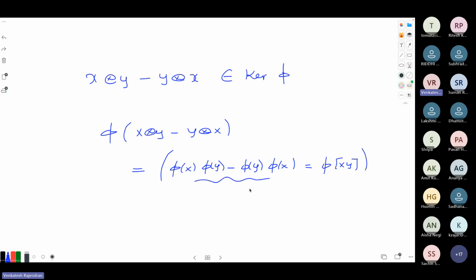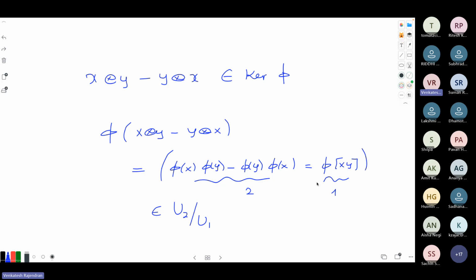But this is degree 2 and this is degree 1, so it lies inside U1. So inside U2 modulo U1, this must be 0.